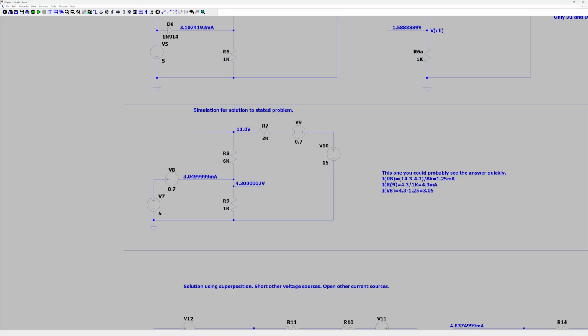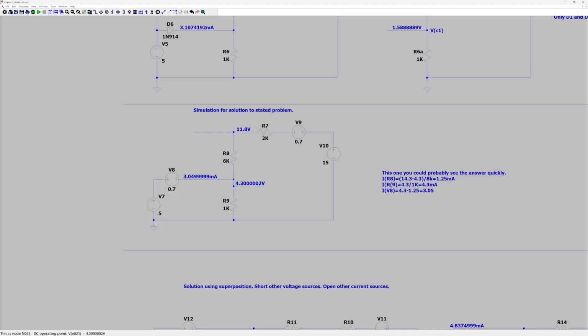Or you can, like I said, over here to the right, just look at this and get the right answer, because you know that this is 4.3 volts, and you know that this is 14.3 volts. So you can calculate the current that goes through R7 and R8.